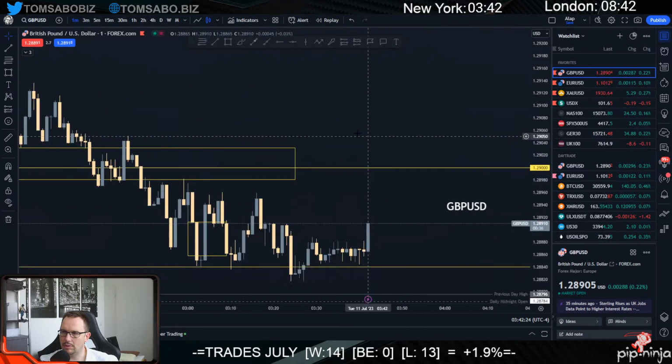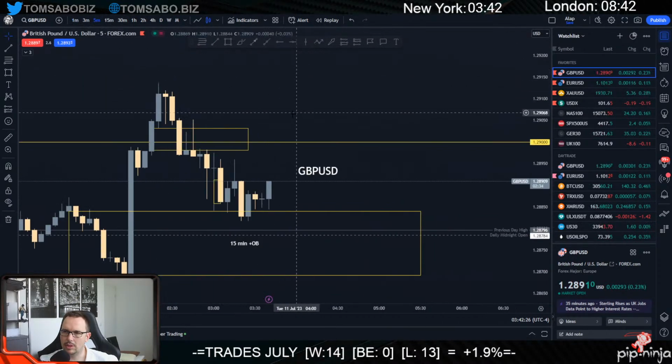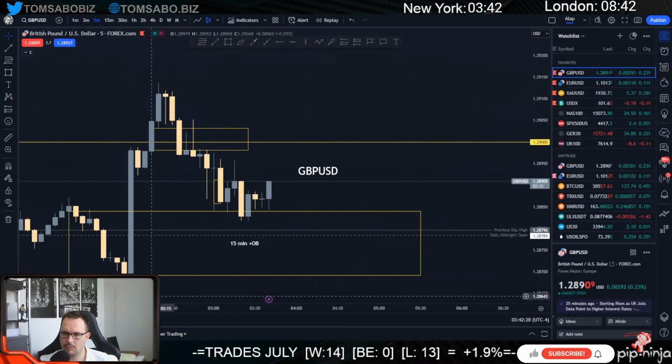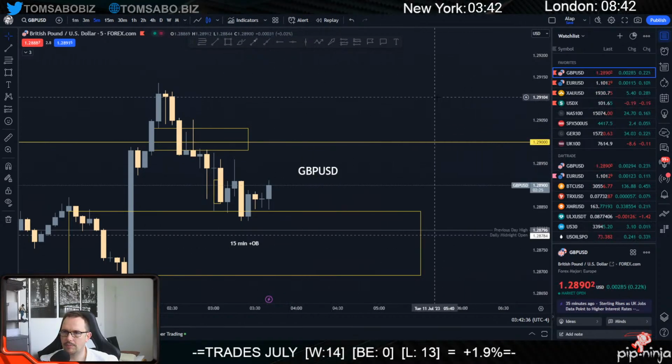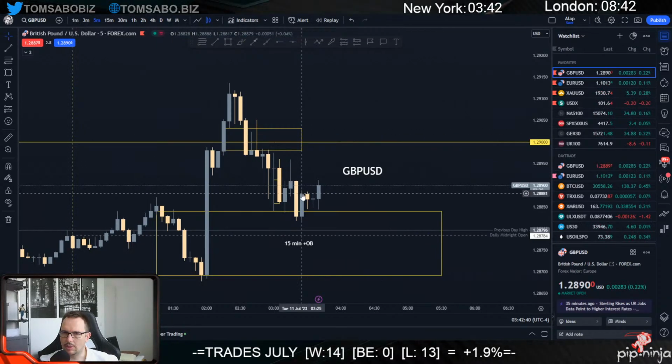Oh, look at pound. Pound just went higher. Just a little bit. Almost like a bearish order block here on the 1 minute, but looks interesting.